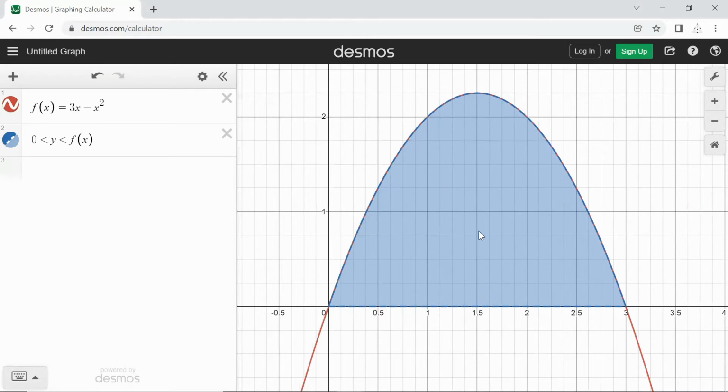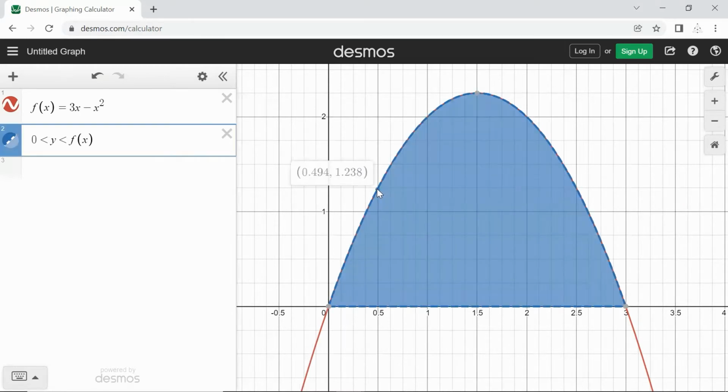Now, how far up do we want to go? That's the question. Well, we want to go up until we hit the curve. So maybe what I'll do is take this first rectangle and use this point on the graph, 0.5, 1.25.